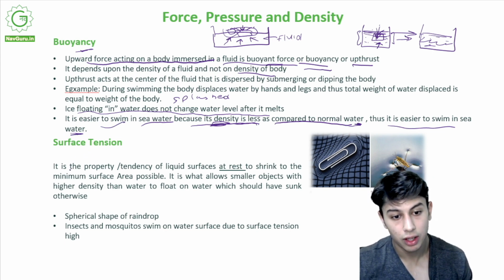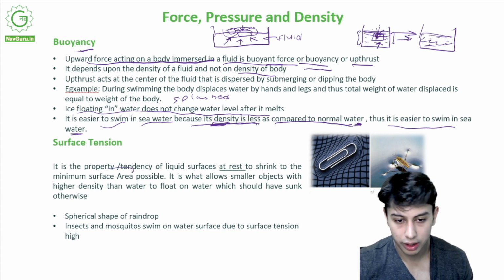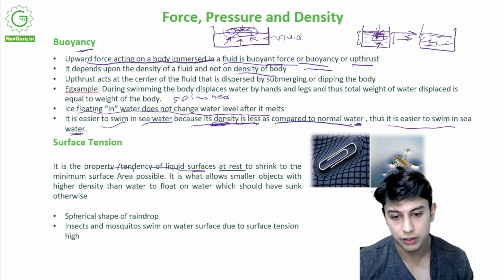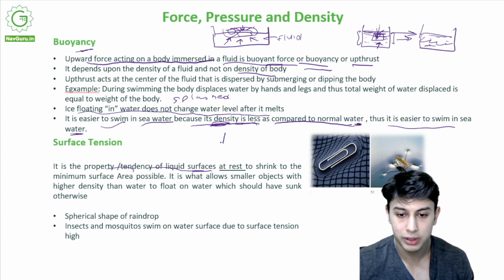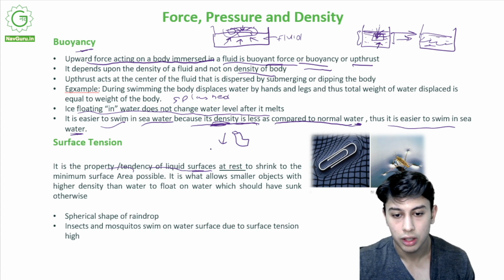Surface tension is the property or tendency of liquid surfaces at rest. Suppose I drop some water from my bottle on the floor.